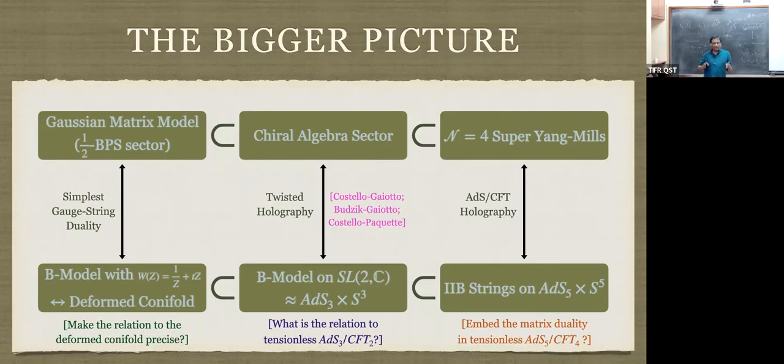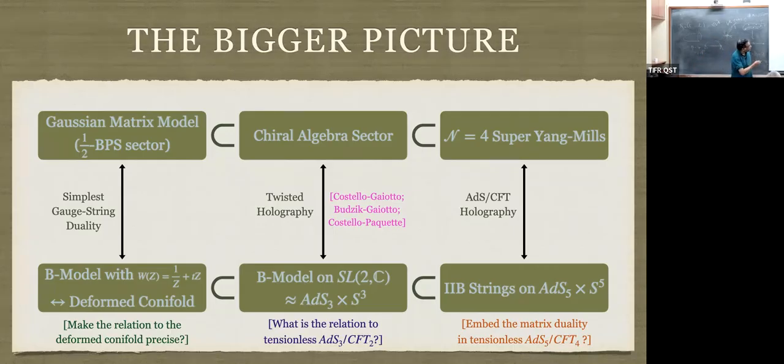There's a chiral algebra subsector in which there are correlators that depend holomorphically on positions on some two-dimensional plane inside the Yang-Mills theory, where the positions on the plane are related to the directions in field space. And they have a very nice feature: they are like correlators of currents in a 2D CFT, so it has holomorphic information.